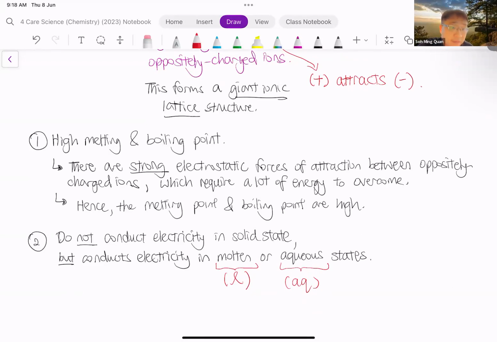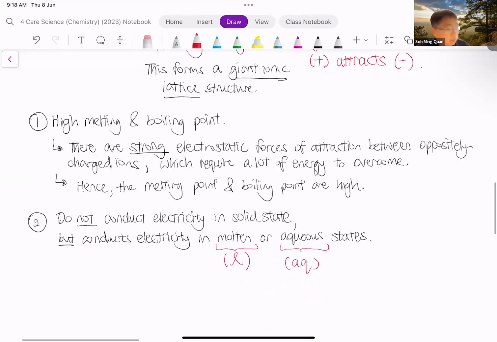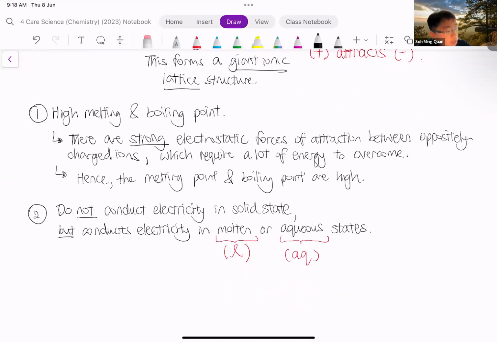So potassium oxide, for example, if I were to melt potassium oxide, molten potassium oxide is a very good conductor of electricity. However, if it's in the solid state as a crystal of potassium oxide, it doesn't conduct electricity at all. So what is the idea here? You need to know what is electricity all about.